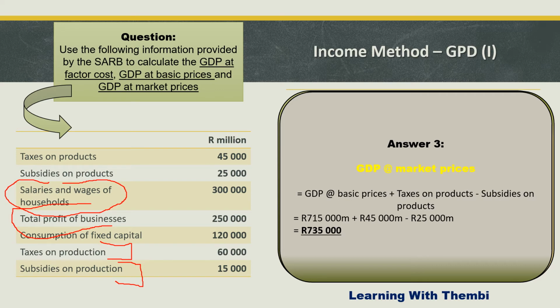Then we are going to add the taxes on products, which is the value of 45,000 million rand. Then we will subtract the 25,000 million rand of subsidies on products, and the total value of our GDI, or of our GDP at market prices, will be 735,000 million rand.